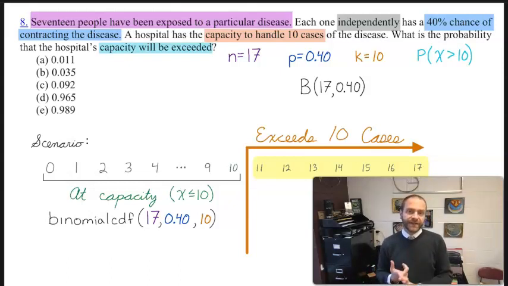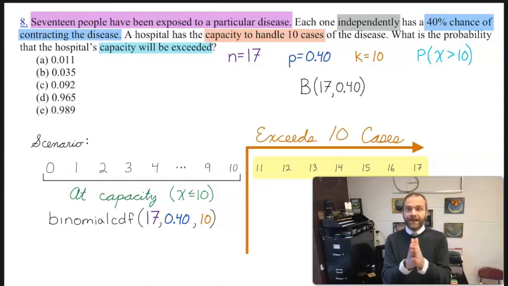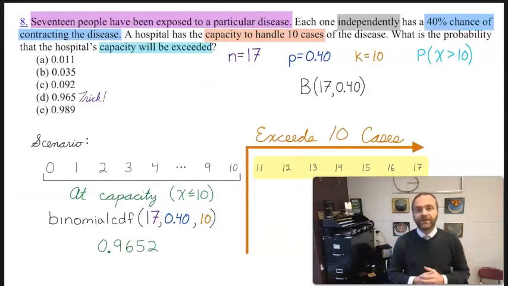So if I do binomial CDF, 17 people exposed to the disease, 0.4 is the probability that they will get the disease, and then 10. Because remember, CDF does that value 10 and less. So at the value 10 people, 9, 8, 7, all the way down to 0. I'm going to find all those first. Now if I do that, guess what the answer is? 0.9652, which means the answer is not D. Notice D is 0.9652.